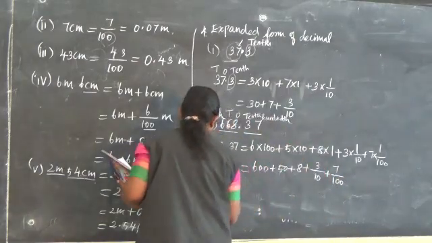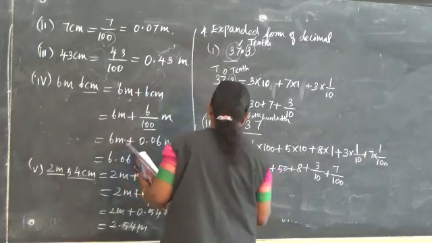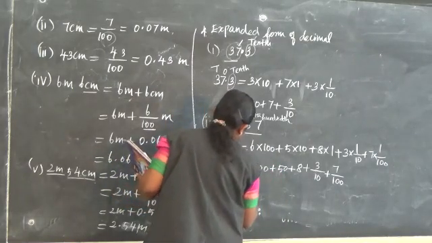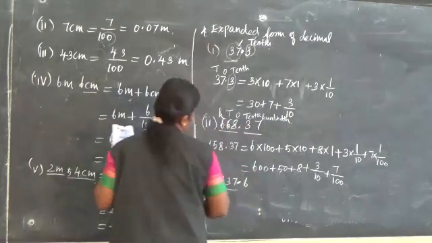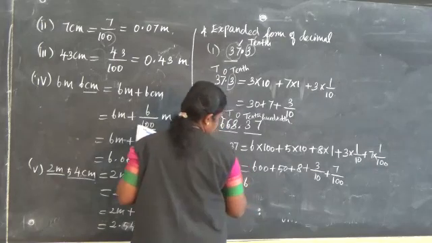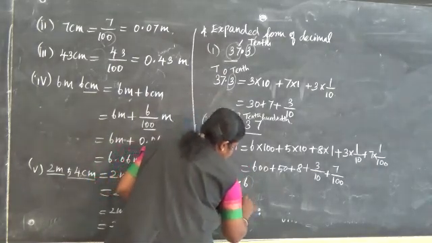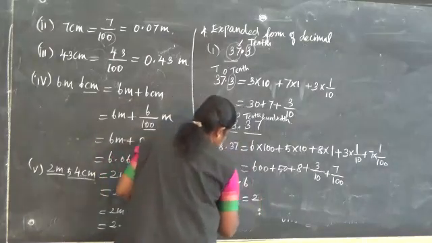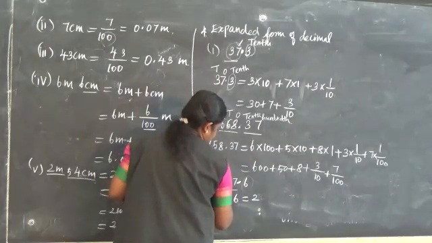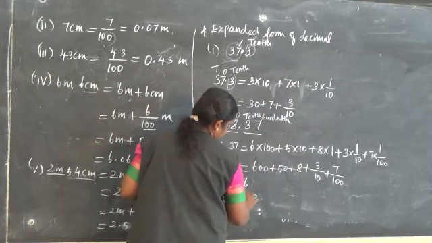Come to the third subdivision. 237.6. Here 237 is the whole number part, 6 is the decimal part. So 237.6 equals: this is the hundreds place, tens, ones, here tenths place.